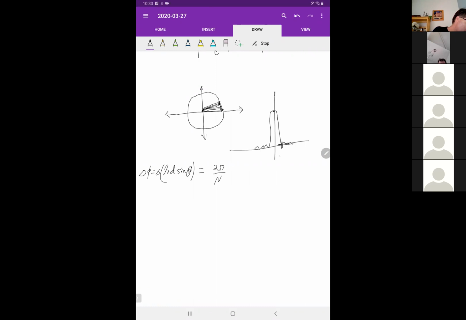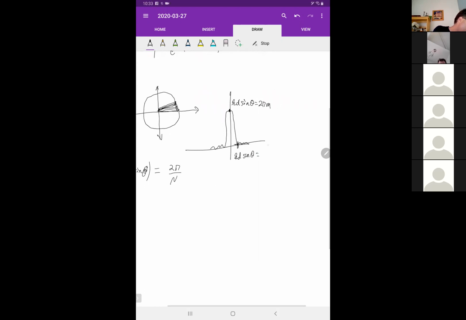Here, kd sine theta is equal to 2 pi m. And down here, kd sine theta is 2 pi m plus 2 pi over n. It's just shifted by 2 pi over n.